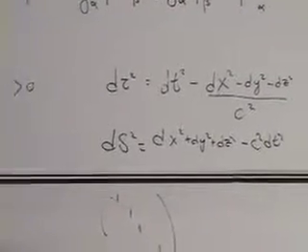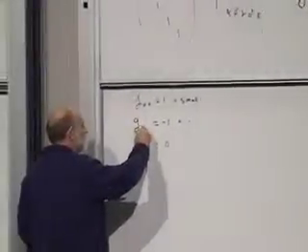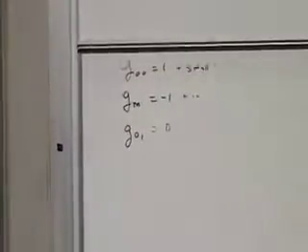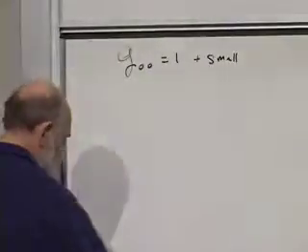Plus small things. We can generalize this. Gmn, I'm not going to write the Kronecker delta, I'm just going to write that G11 equals G22 equals G33 equals, and so forth.